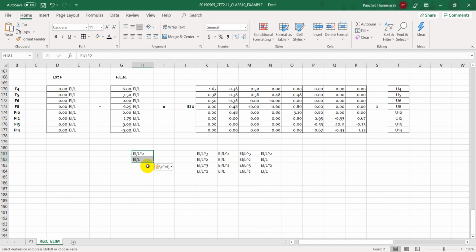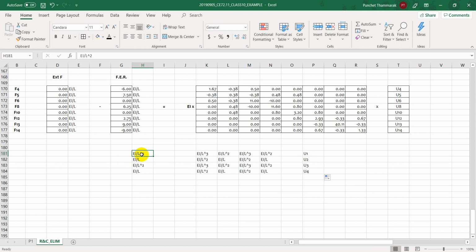So if you consider just one stiffness matrix for just one member, okay, you have 4 equations. These 4 equilibrium equations combine the equilibrium of force and equilibrium of moment.